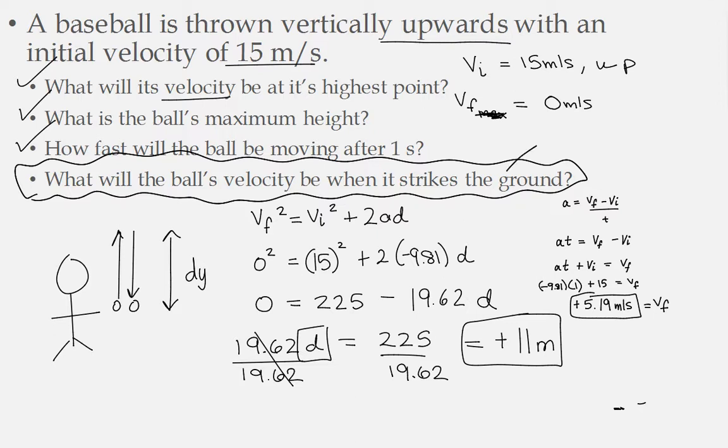So when it strikes the ground, what they mean is the ball's position is the same as when it was thrown. So they're asking you, what's the velocity when it comes back to where it started?